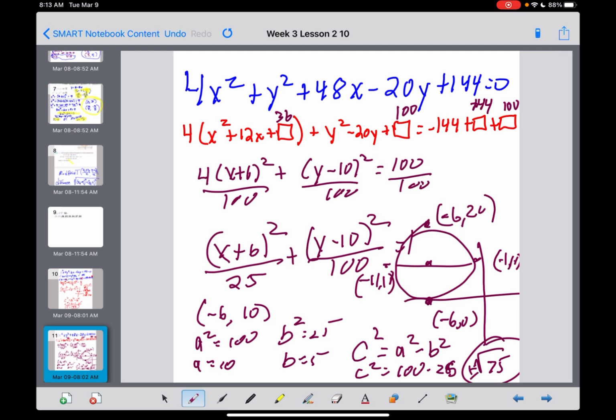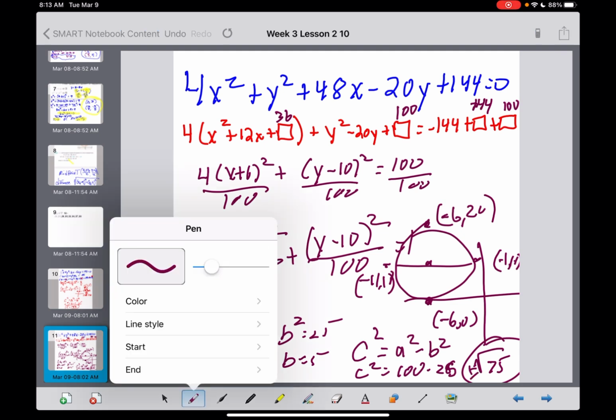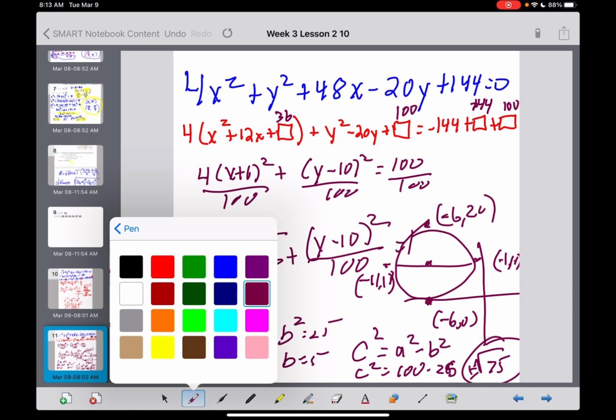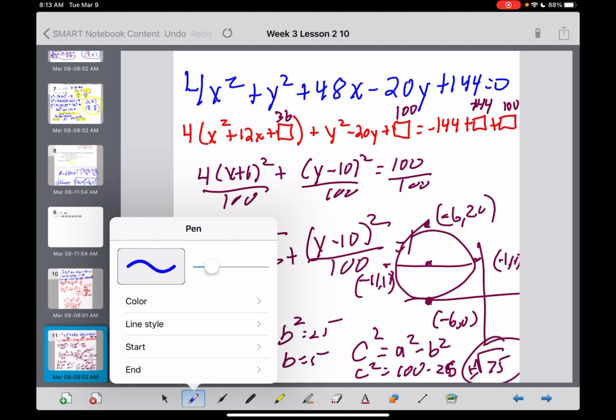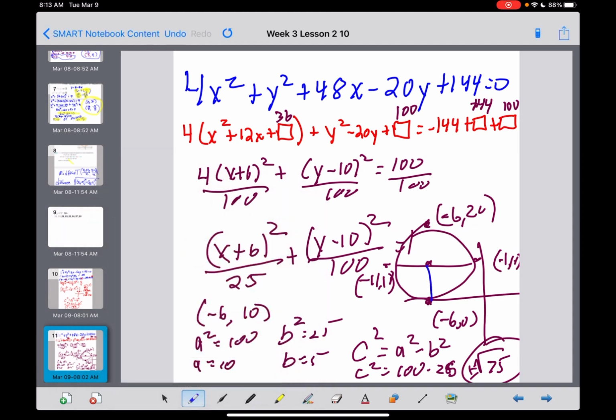And remember that the focus now is going to go along the y-axis, so my focus is going to be my center plus the square root of 75 and minus the square root of 75. So right in there somewhere. So 5 radical 3. Right, so there are examples of the conic section ones.